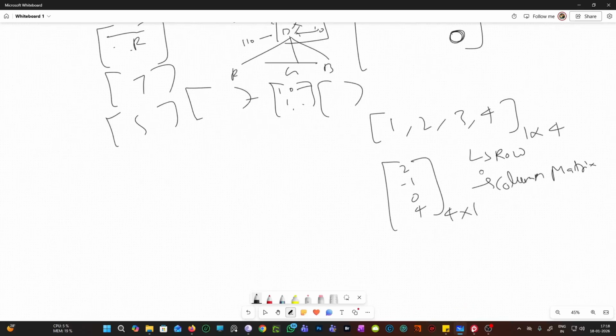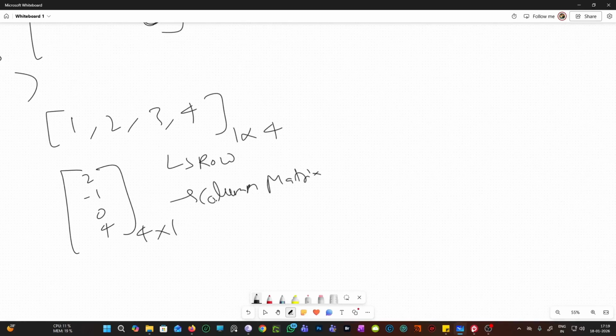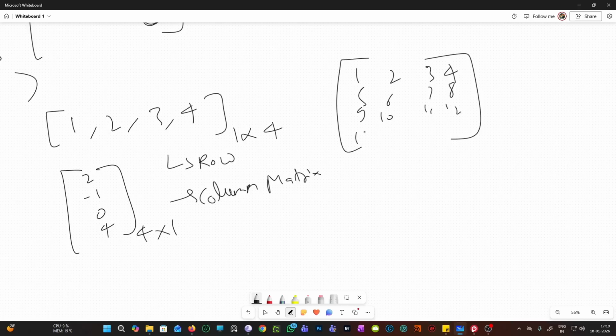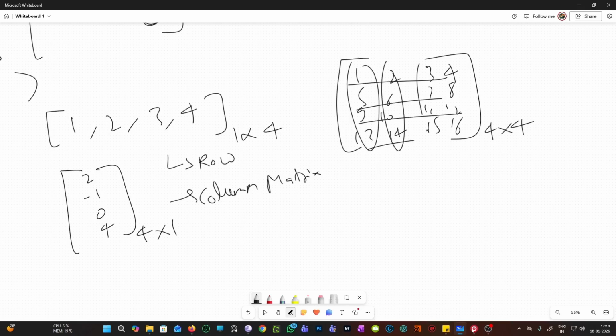Okay. Now the next matrix we have here is the square matrix, and as you have guessed, it has the same number of rows and the same number of columns. So 1, 2, 3, 4, 5, 6, 7, 8, 9, 10, 11, 12, 13, 14, 15, and 16. So you can see here it has a total of 4 rows and 4 columns, right? So it's called a square matrix.